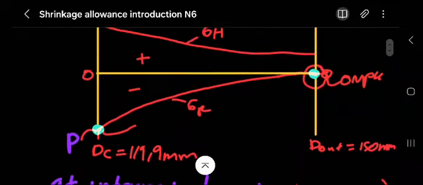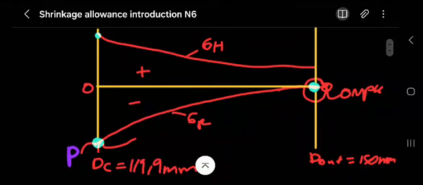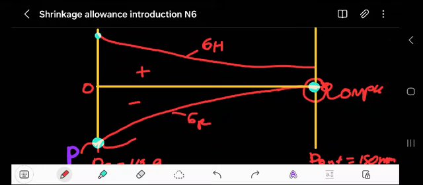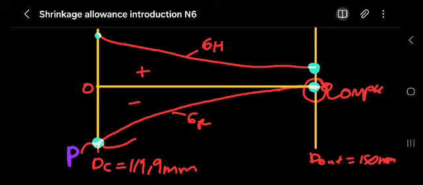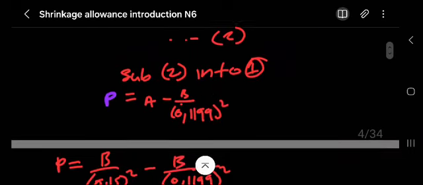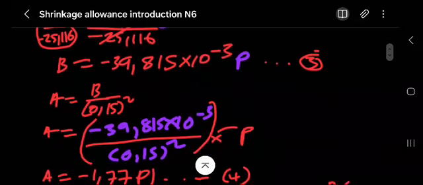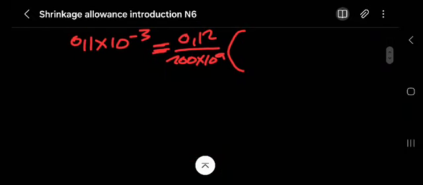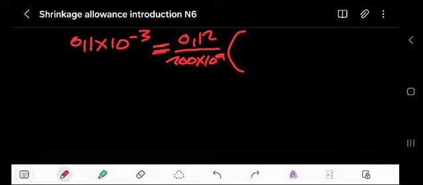Oh guys, hoop stress at the outer, we don't know it, but we can just call it P because we want P. So we have that to be P minus.